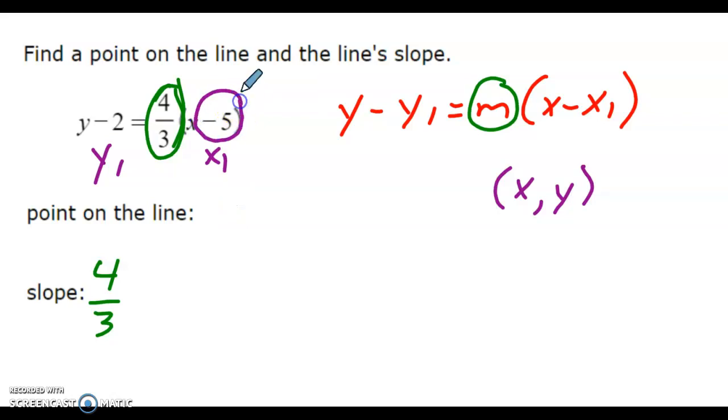Remember, the actual x value is the opposite sign of what's happening in the equation. So the x value is a positive 5 because it's being subtracted. You flip that sign on it when you pull it out as the point. And then y minus 2, the actual y value is a positive 2. So just make sure that you're taking note of the sign on those values. And that would be your final answer.